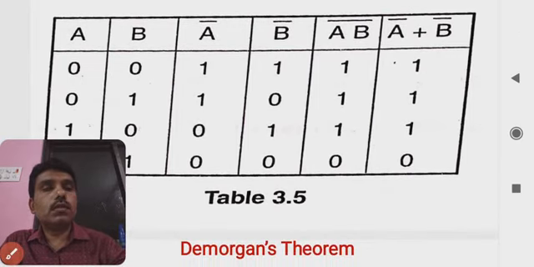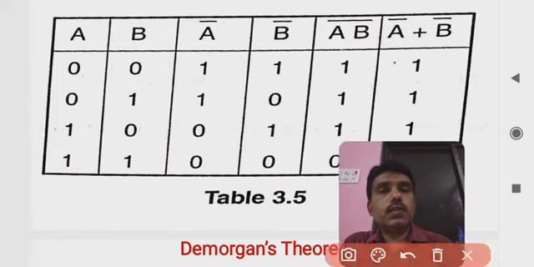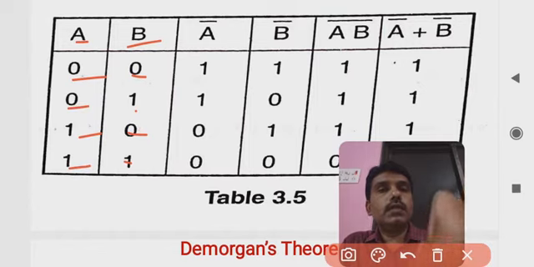I will shift myself a little bit. So look at this case here: A B is 0 0, 0 1, 1 0, 1 1. And if I need the product of it, that is 0 into 0, 0; 0 into 1, 0; 1 into 0, 0; 1 into 1, that will be 1.